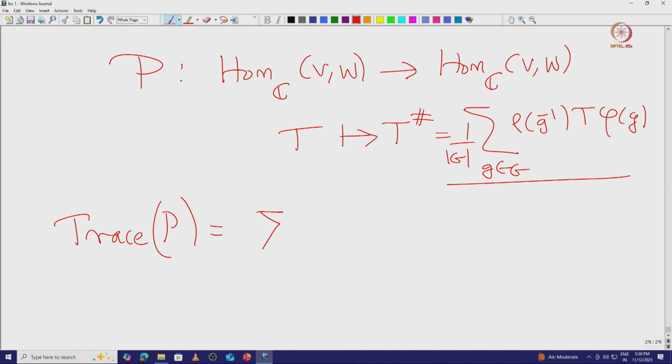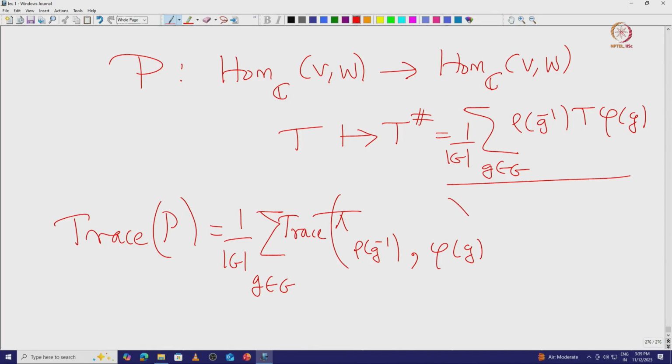You can see the summation of 1 divided by the cardinality of G, over G in the group, of pi of rho of G inverse comma phi of G. But what is the trace of this operator? Just now we have seen. It is exactly the trace of rho of G inverse times the trace of phi of G.